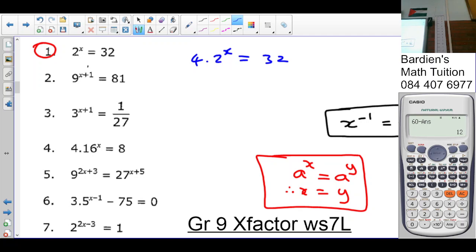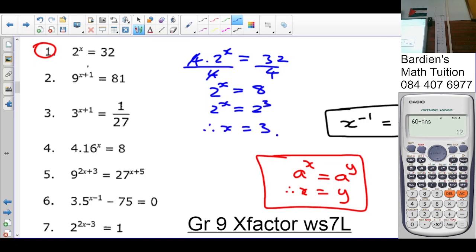We can't multiply because there is no variable exponent. So I divide by 4 first. Now it's an x. 32 divided by 4? 8. So 2 to the x equal to 2 cubed. Therefore x equal to 3. Okay. You guys got it?